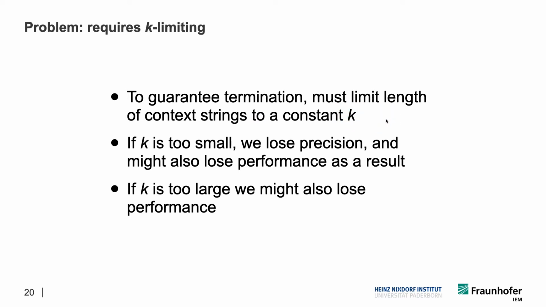Why is that? Like I explained to you previously, in the call strings approach, you're basically extending your abstract domain. So you're taking the original abstract domain for the context insensitive analysis and you're extending it with these calling context strings. But for recursive programs in particular, these strings can be indefinitely long, right? So you could recurse into calls forever, and these strings could grow indefinitely, and then you have an infinitely large abstract domain, and you already know that this is not okay.